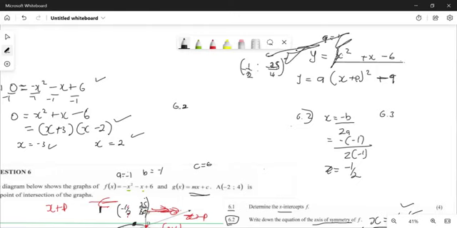We know what a is. What is a first? 1. Okay, we'll put 1 then. We'll say a is going to be 1, open bracket. Now we know what p is. I get p here is -1 over 2.